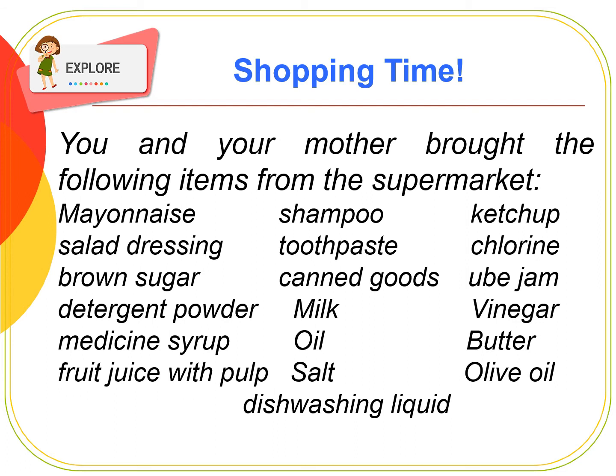You and your mother bought the following items from the supermarket: mayonnaise, salad dressing, brown sugar, detergent powder, medicine syrup, fruit juice with pulp, shampoo, toothpaste, canned goods, milk, oil, salt, ketchup, chlorine, jam, vinegar, butter, olive oil, and dishwashing liquid.